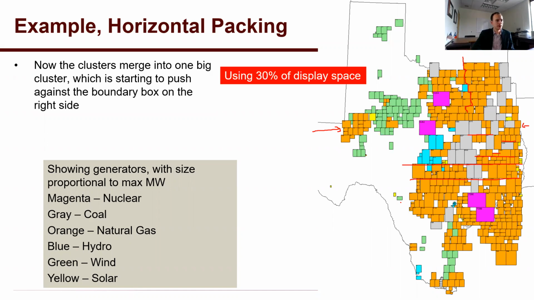Usually LMPs would not be good for a discrete diagram like a horizontal packing mosaic. Bus voltages, I showed one with bus voltages here, but you typically would show those more in a contour or a heat map, but you could show it with a diagram like this.